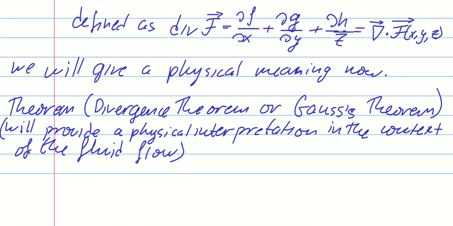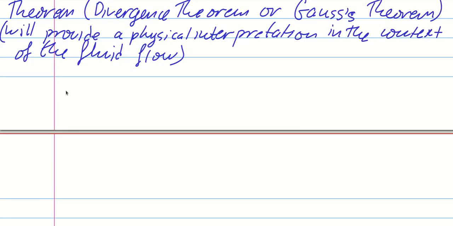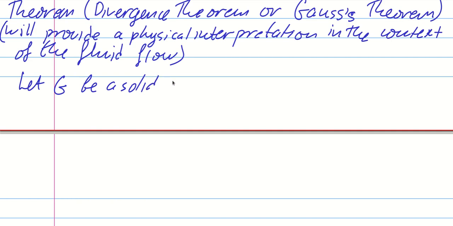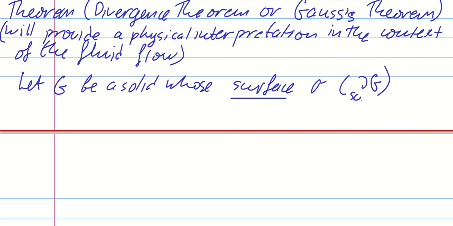So what does the theorem say? The theorem says the following. Let G be a solid whose surface sigma, and a lot of people for the surface use the following notation: partial of G. It also stands for a surface in a lot of books.